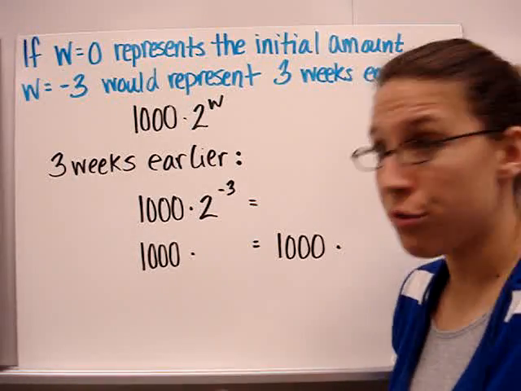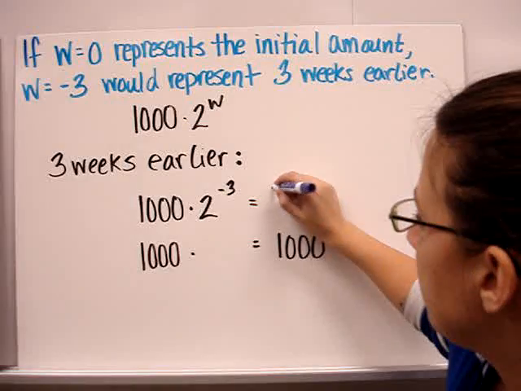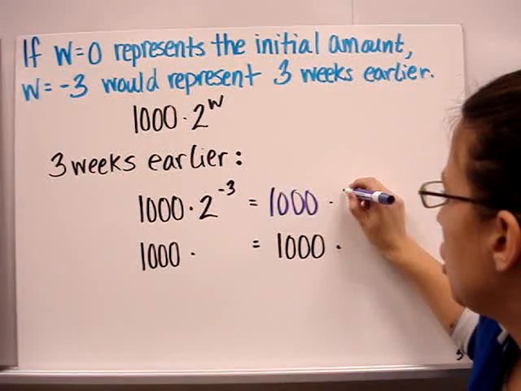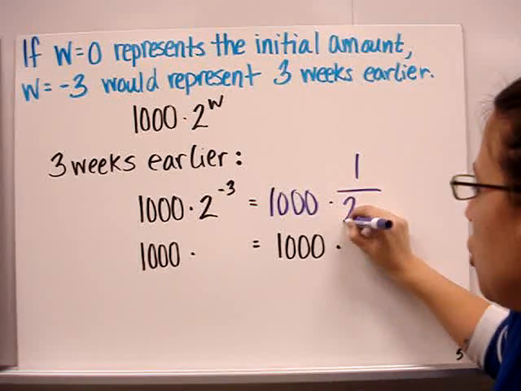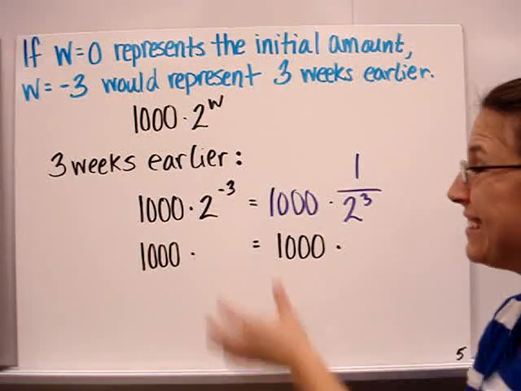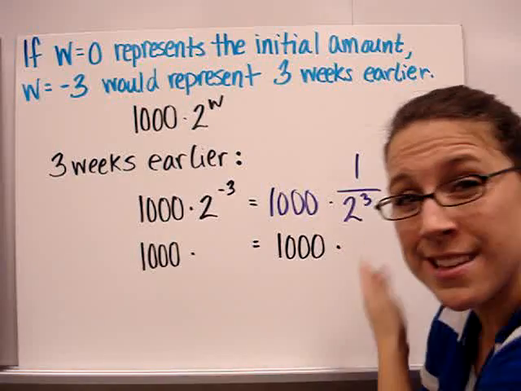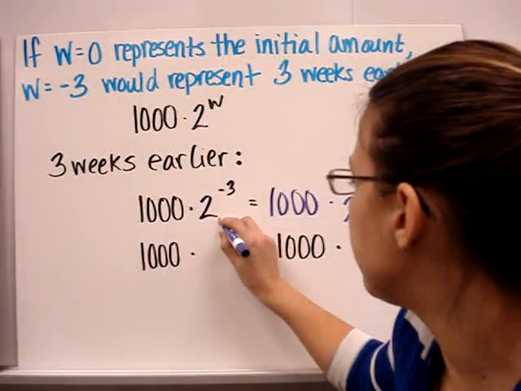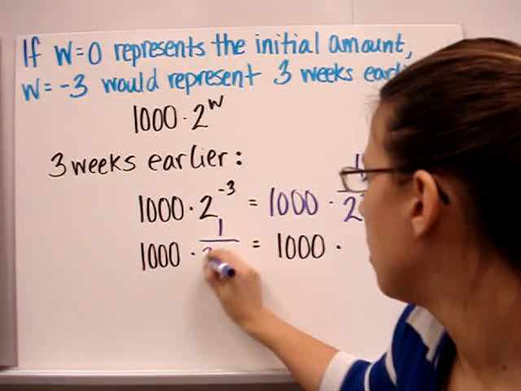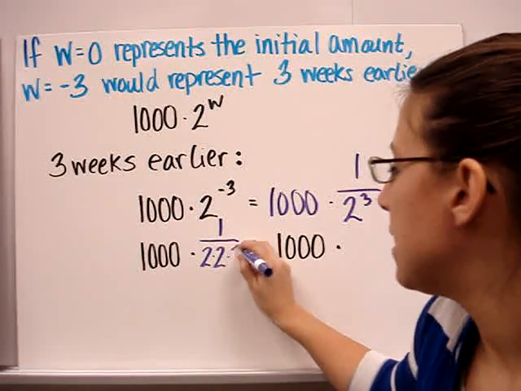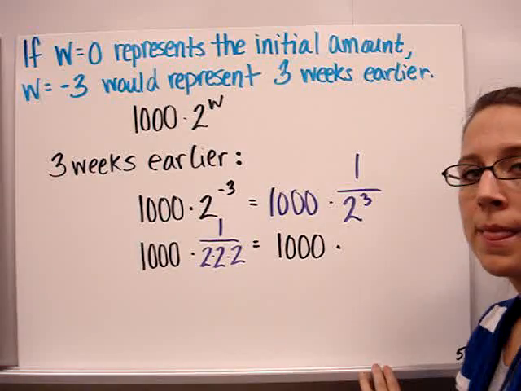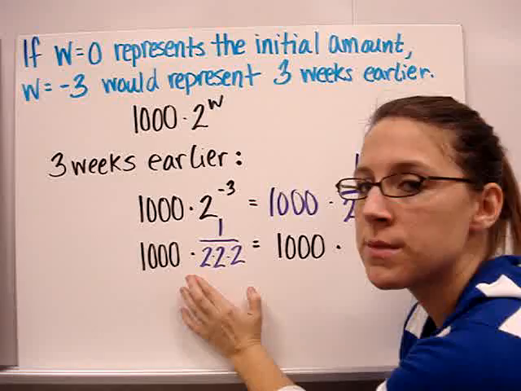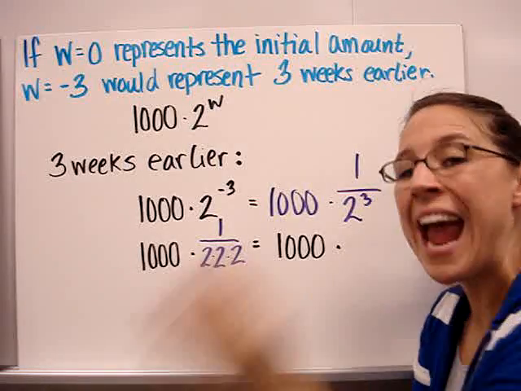2 to the -3 is going to equal 1 over 2 to the 3. This is not negative. It's just in the denominator now. Well, 1 divided by 2 to the 3 is 1 over 2 times 2 times 2, because 2 to the 3rd power is 2 times itself 3 times. 2 times 2 times 2 is 8.